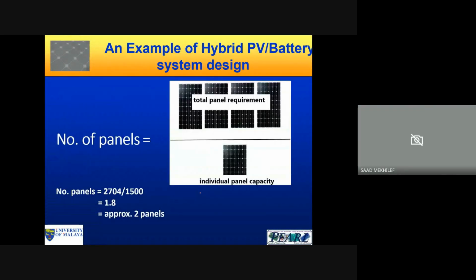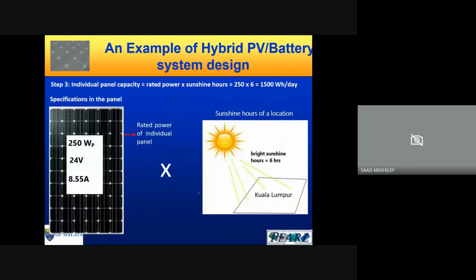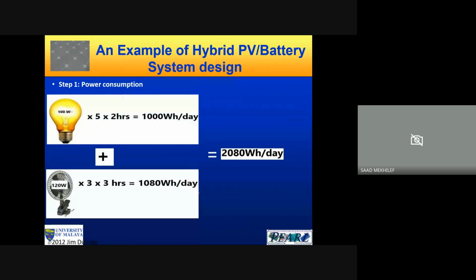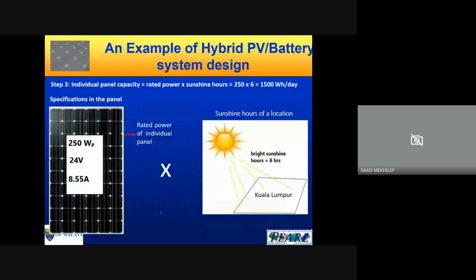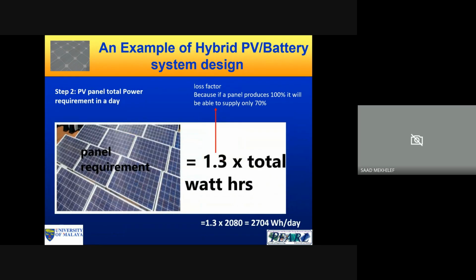Okay, so just to recap, we have these types of load: 5 light bulbs of 100 watts for 2 hours a day, and then this fan, for example, and then we calculate the panel. So we add another 30% of losses to account for additional load.